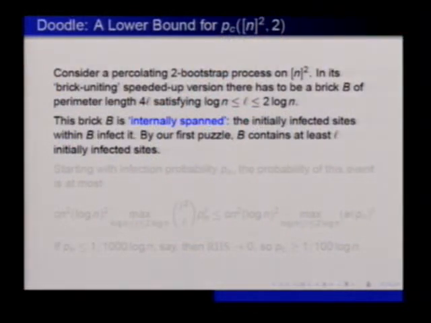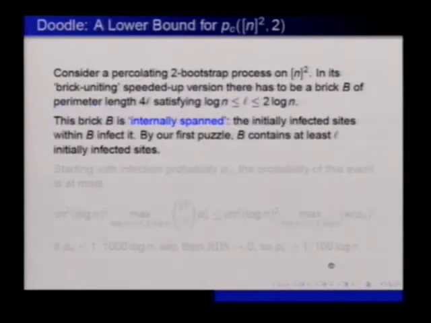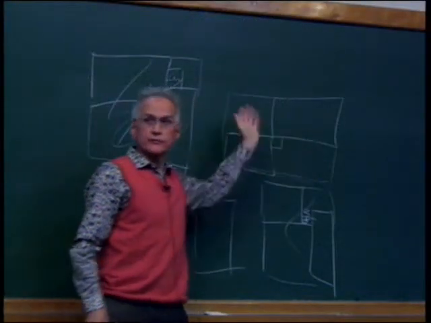Okay, I promised a little more doodle. So, for example, what about this Eisenman-Lebowitz result? Why is at least one part extremely simple from what we have just said about this process, the speeded up brick process? Now, how does the process go? You look for 2 bricks, and if they are near, you replace them by the union.